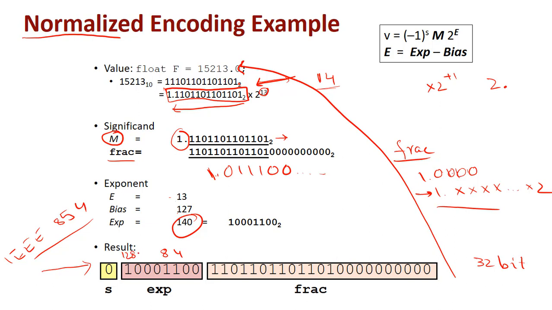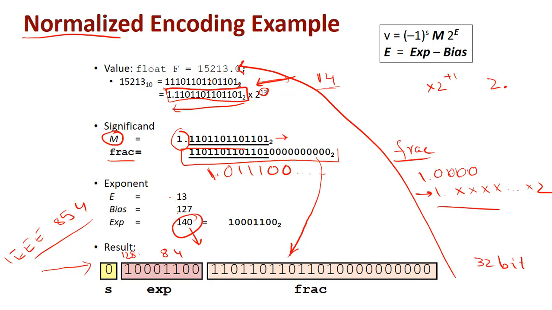So you get 128 plus 8 plus 4, which is 140. The exponent will be 140, and then you have this whole 23 bits for the mantissa. When you convert all these bits, you will actually get 15213.